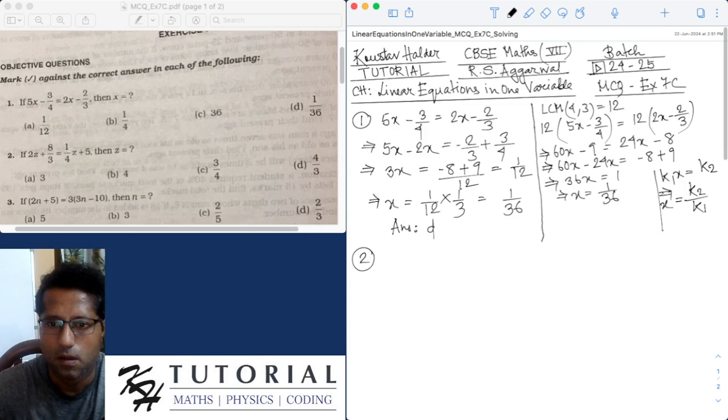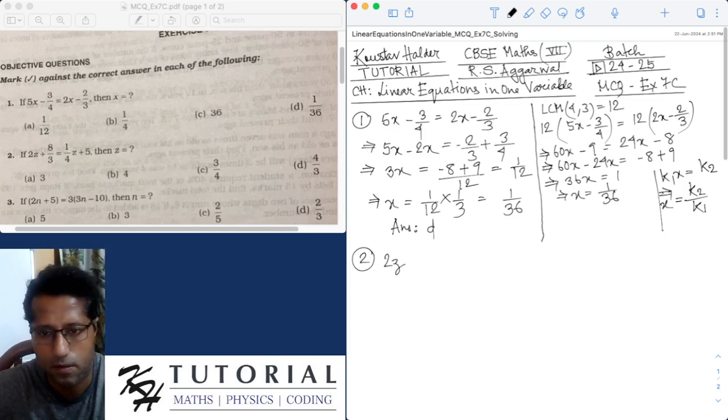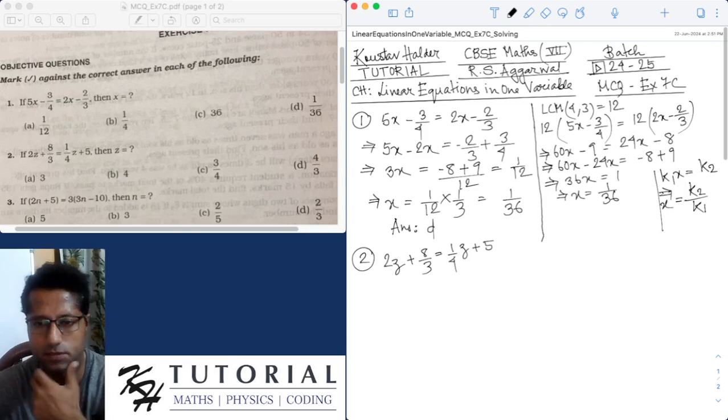Okay, let's do question number 2. It says the equation given is 2z plus 8 by 3 equals 1 by 4 z plus 5. Then it is asking what is z.